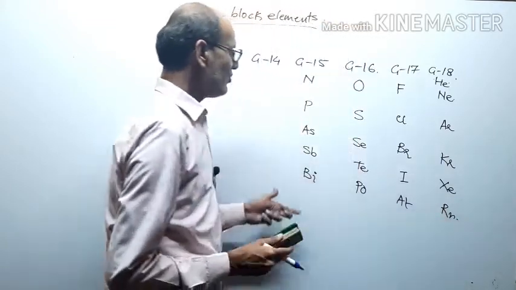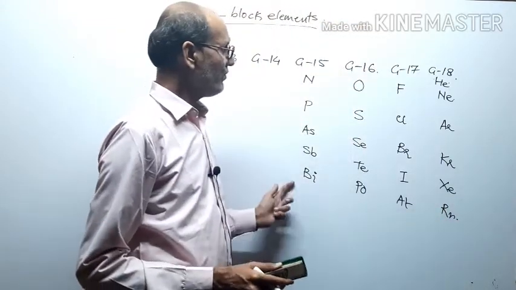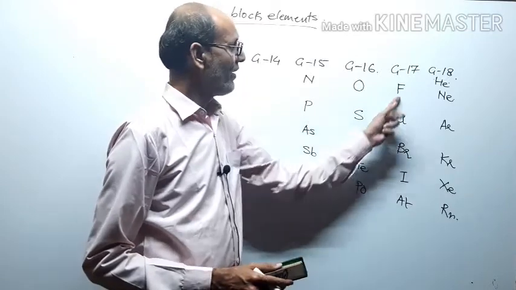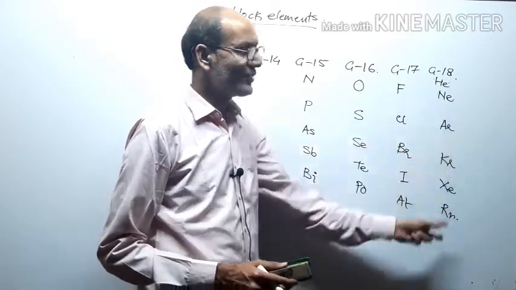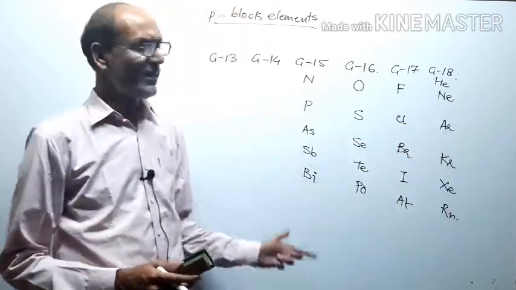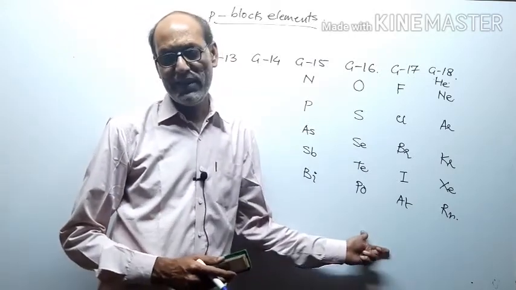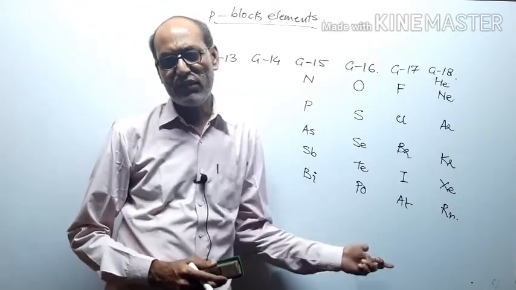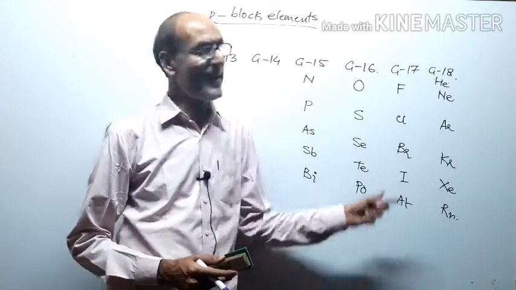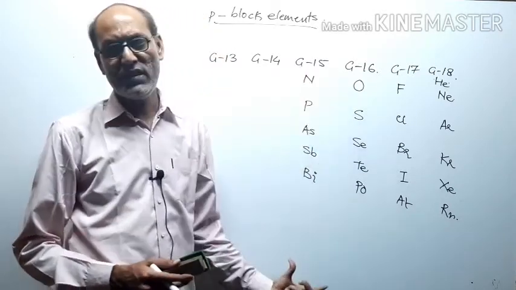So as you are seeing here, 5, 5, 5 is 15, and 6 makes 21. Details of these 21 elements we will study here. So starting from the first group, that is group 15 elements.